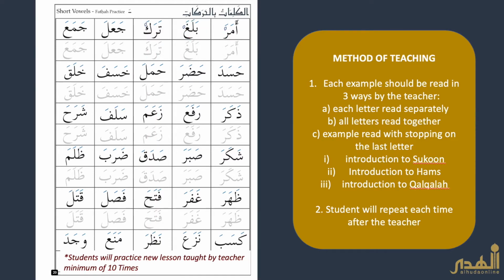Another important point is that you're going to mark that there is a hams here. So you can actually put H there for them. I'm just going to show you how that would be.